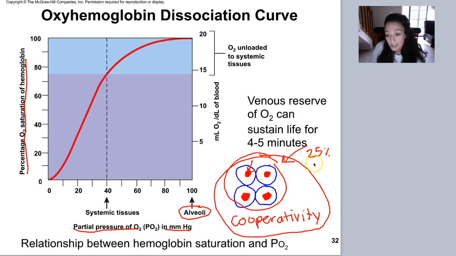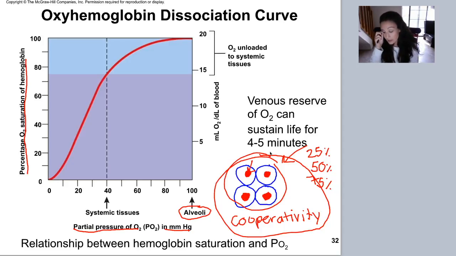And if we have 50% saturation of hemoglobin with oxygen, that means half of the subunits are binding oxygen. If we have 75% saturation, this means 3 out of the 4 subunits are binding oxygen. And if we have 100% saturation of hemoglobin with oxygen, this means that all 4 subunits are bound with oxygen.